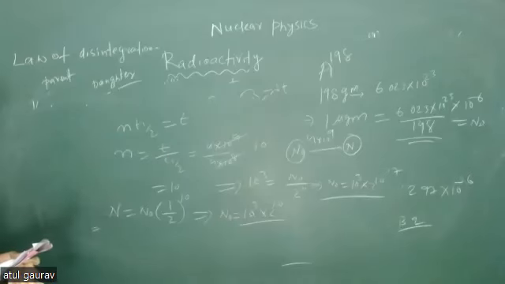Okay, please write that problem. A particular type of nucleus with decay constant lambda is produced at a steady rate of P nuclei per second.